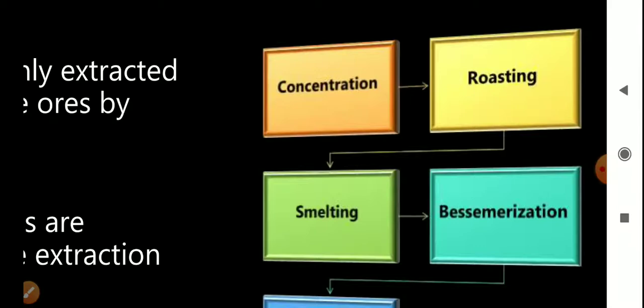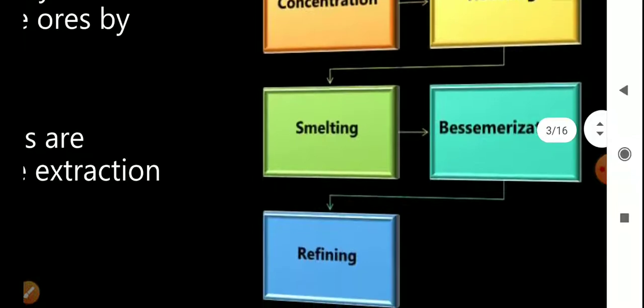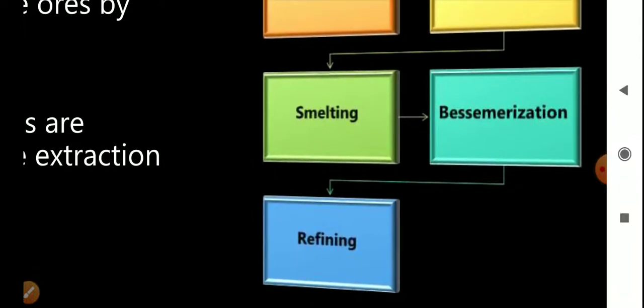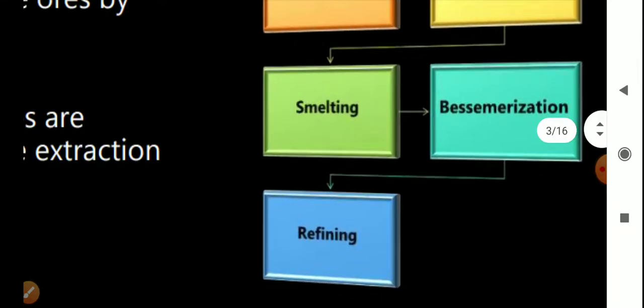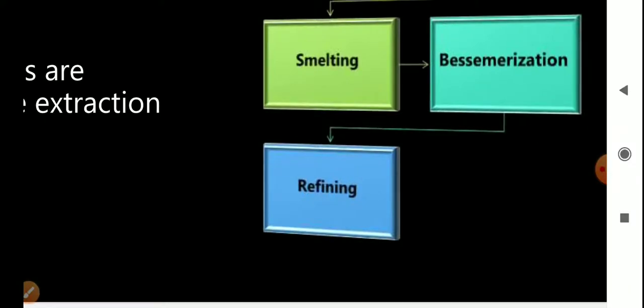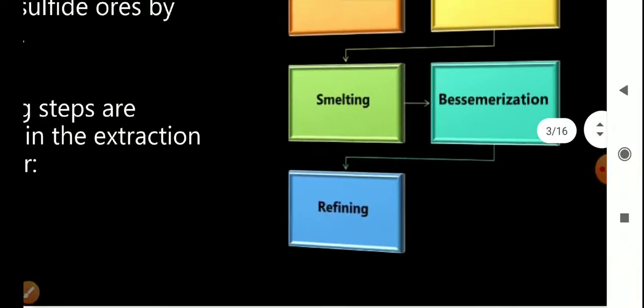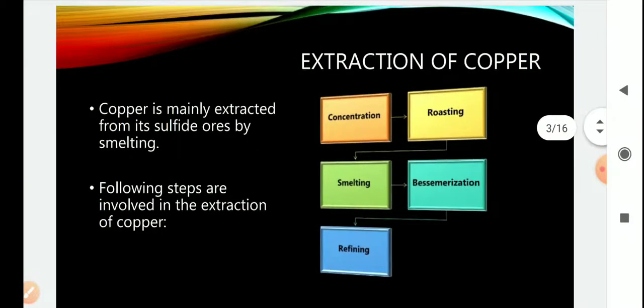Then bessemerization, which is basically the part of the reaction in the furnace at high temperature. Then ultimately the refining. So the extraction of copper will be completed in five main steps. First step is concentration, second step is roasting, third step is smelting, fourth step is bessemerization, and last step is refining.